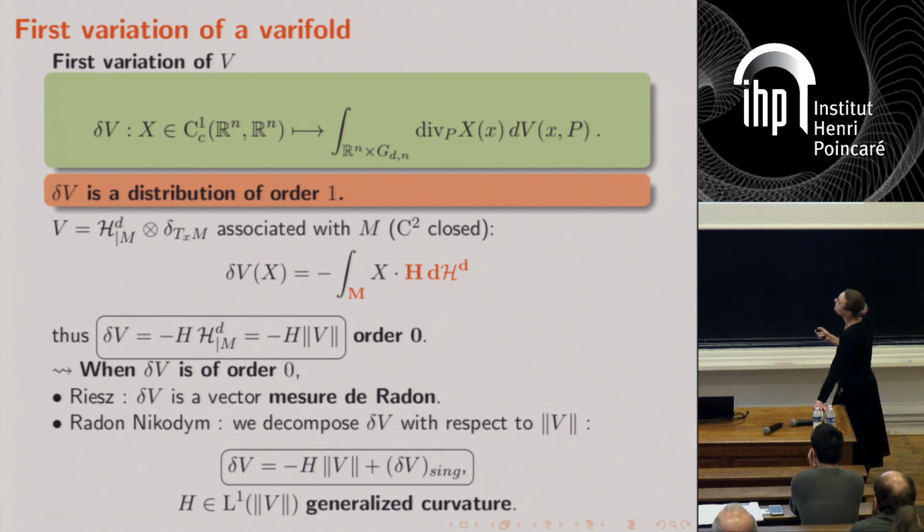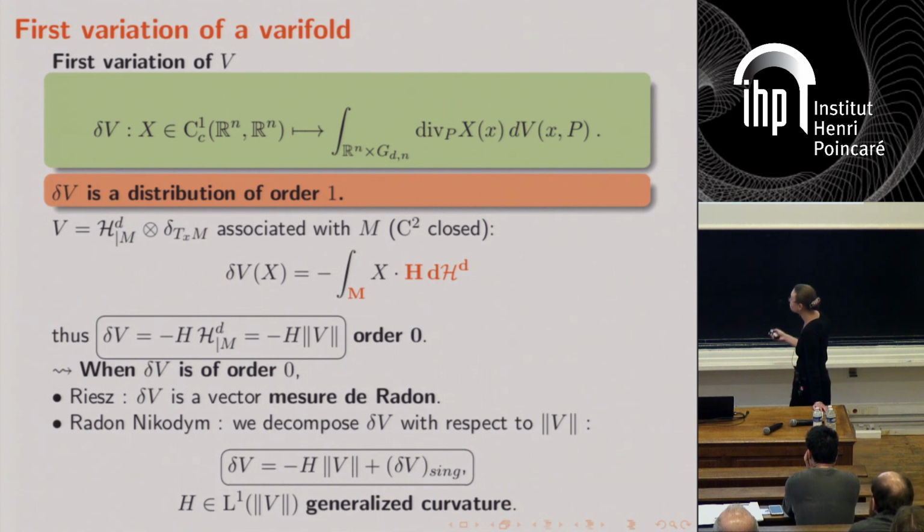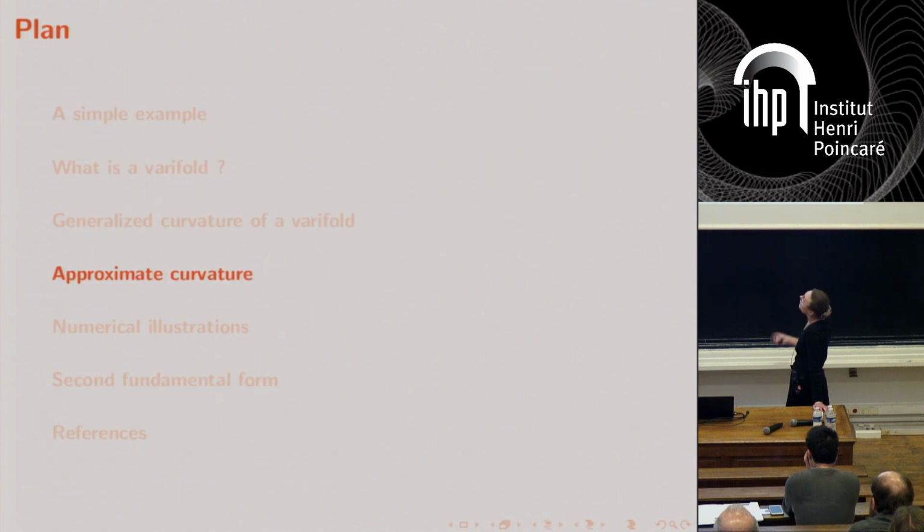If I have a surface, of course, it's much better. And as soon as this is a measure, a distribution of order 0, whatever this assumption could mean, it's not very concrete, you can define a generalized mean curvature, essentially by taking the density of this measure with respect to the integration over your object. Okay. Well, and if not, okay?